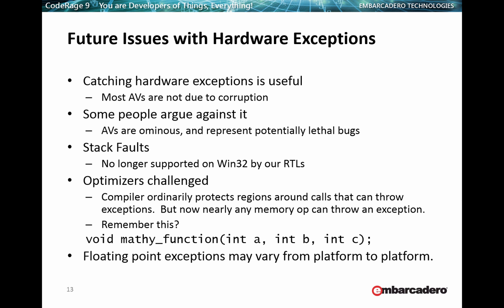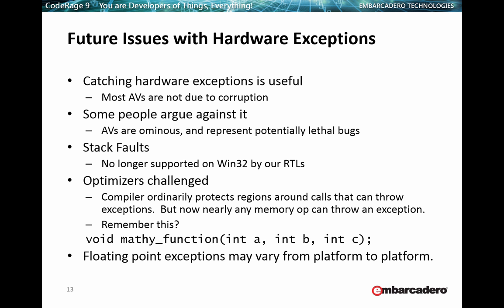And so the issue is the compiler ordinarily protects regions around calls that can throw exceptions. So if you have a try block or stack frame which contains C++ locals, the compiler has some awareness about when you make a function call and it thinks that that thing could potentially throw an exception, and generates information to protect that region in the case an exception is thrown so that it can unwind the stack frame cleanly.